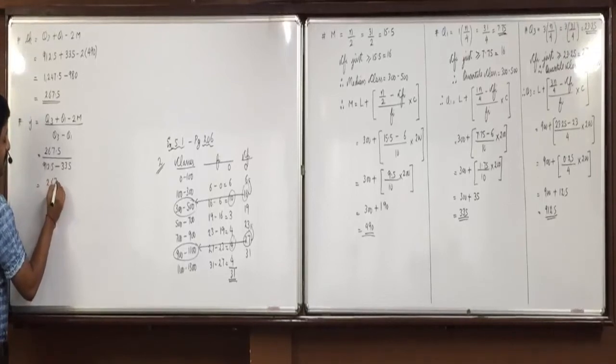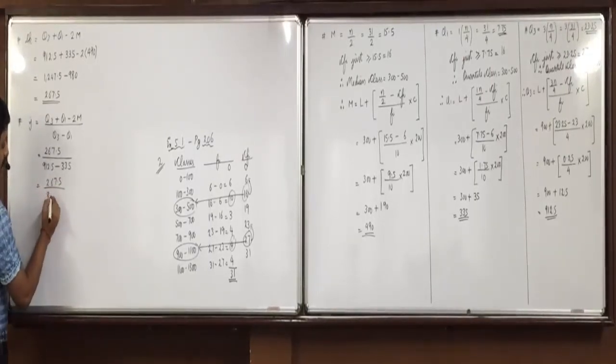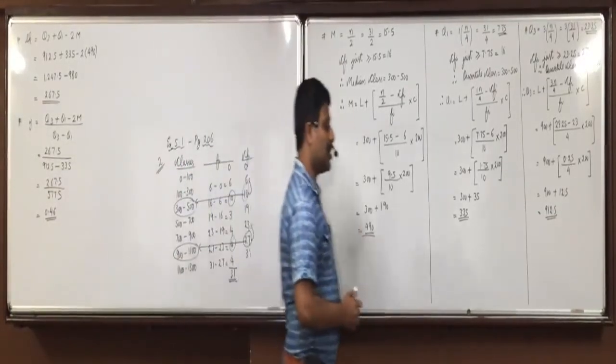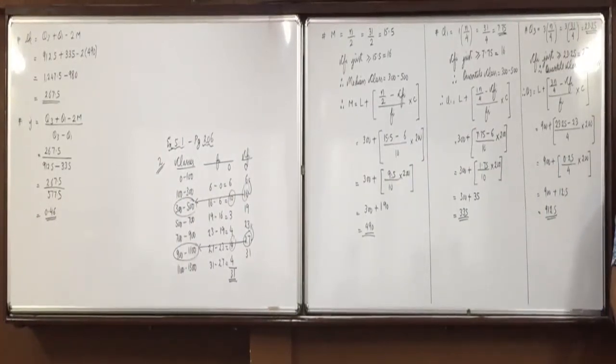So 267.5 upon 870. Sorry, 577.5. So 0.46. Thus the skewness is positive. So all are clear with this? Continuous also.